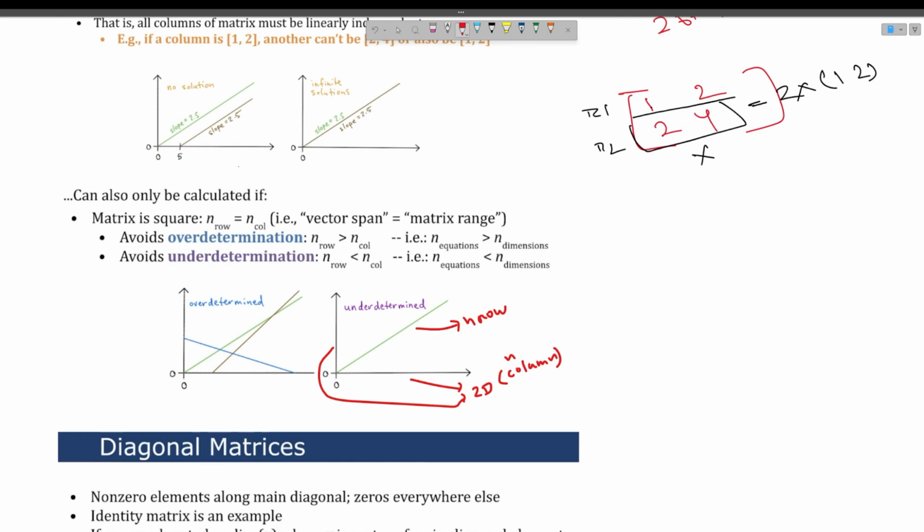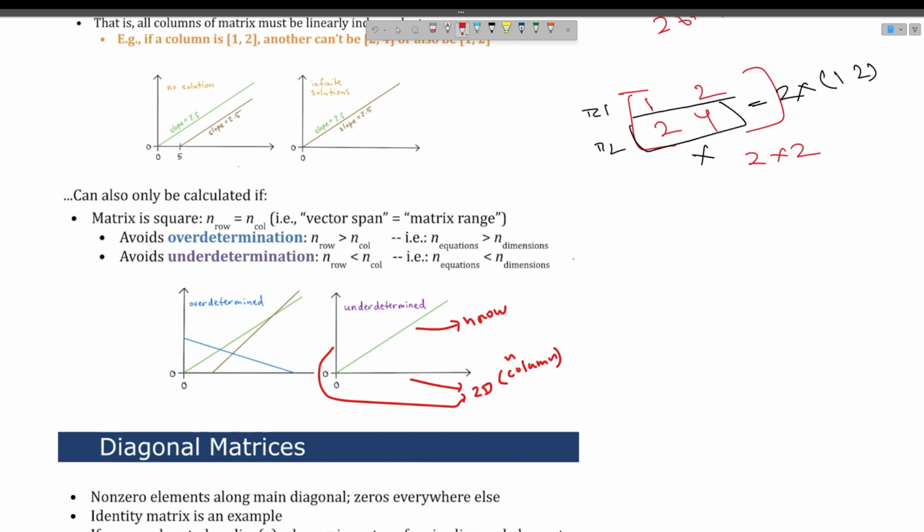There are a few laws here. Here you can see that in a matrix, this is a matrix, right? We have 2 rows and 2 columns, right? Great.